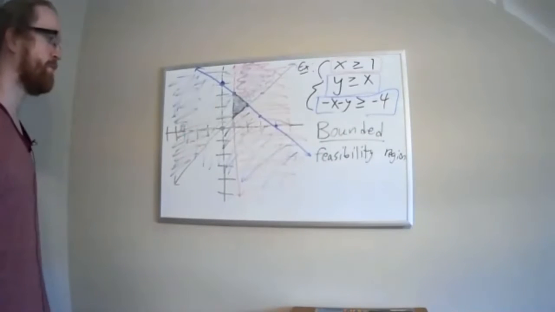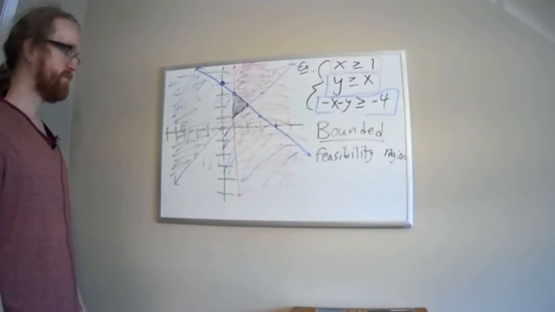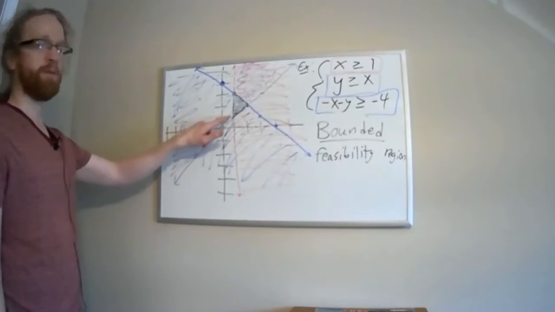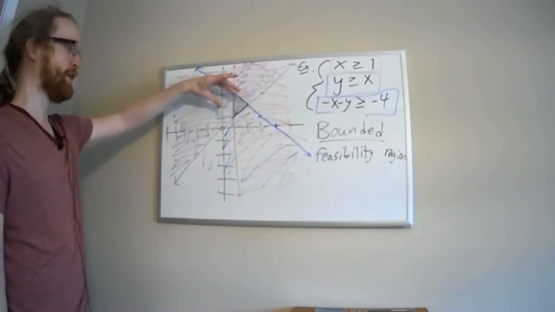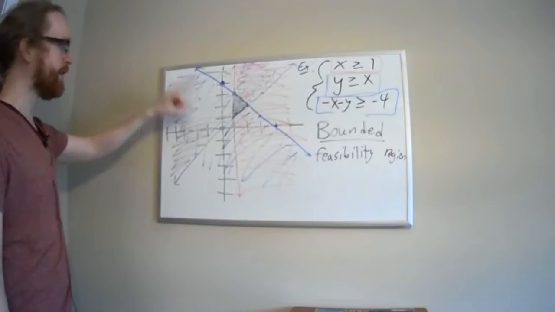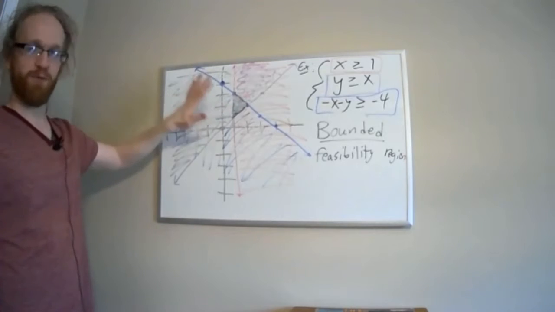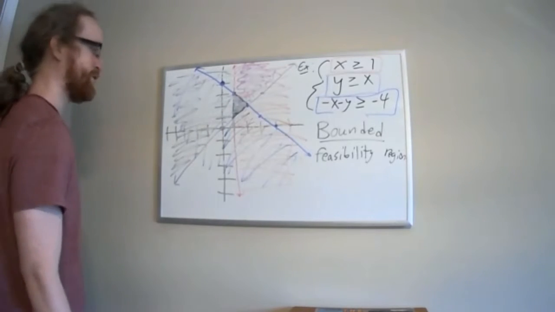So when I say bounded, I just mean it makes a shape. It makes a nice finite shape that I can identify, right? This is a triangle, so it's bounded. Yeah, because it makes a nice shape.